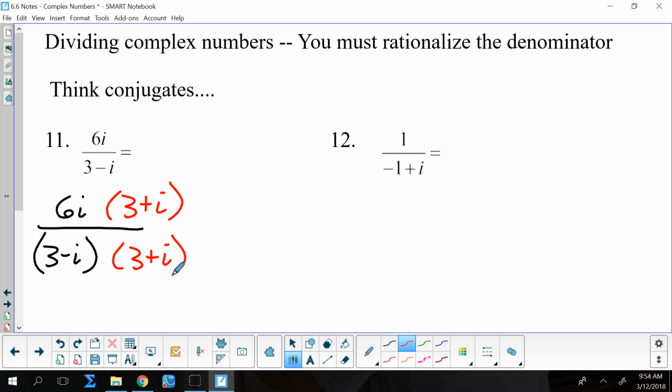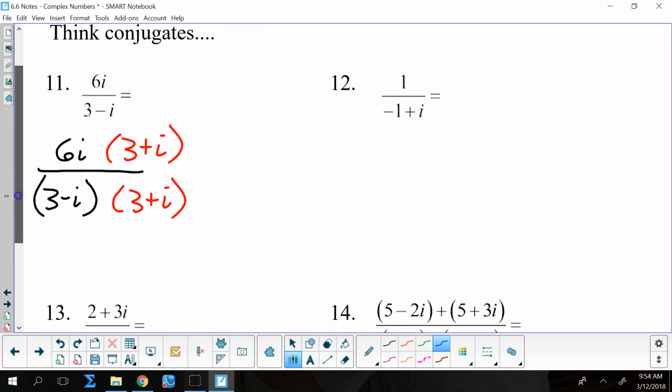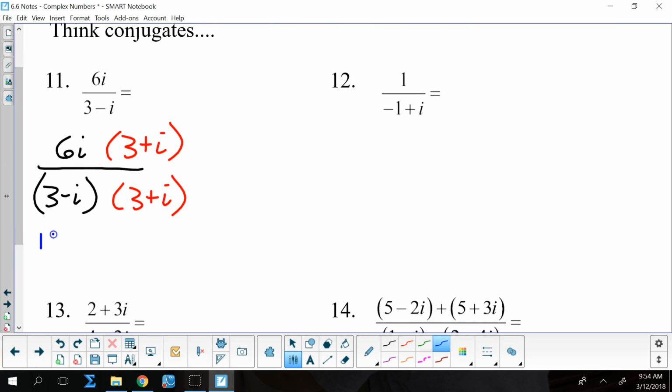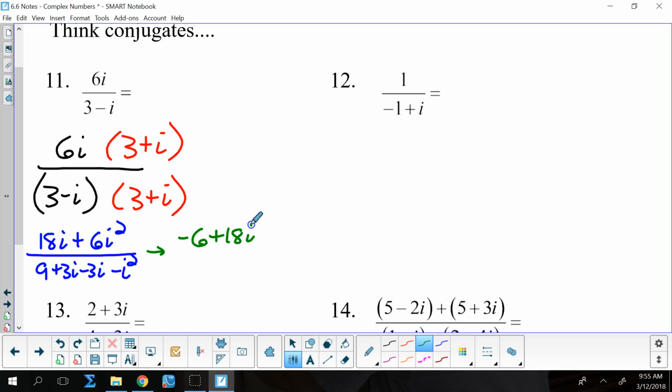So on top here of this first one, I get 18i plus 6i squared. On the bottom, I get 9 plus 3i minus 3i minus i squared. So this becomes negative 6 plus 18i all over 10.